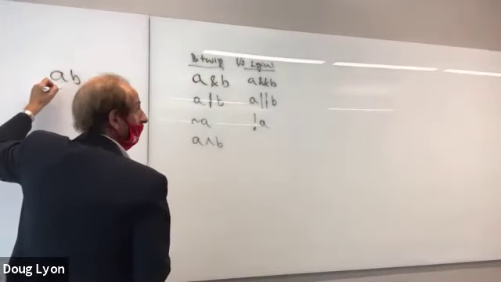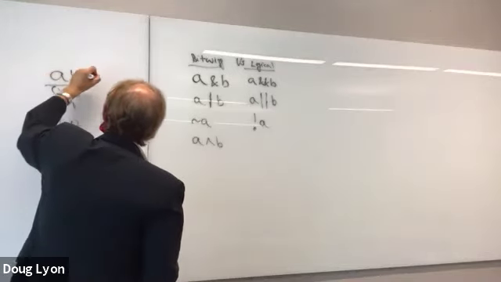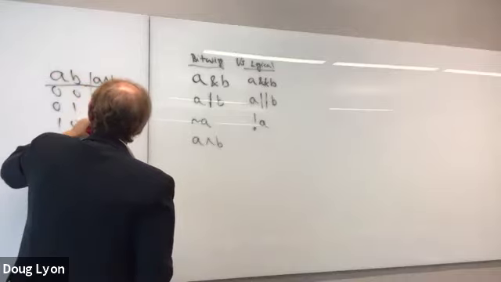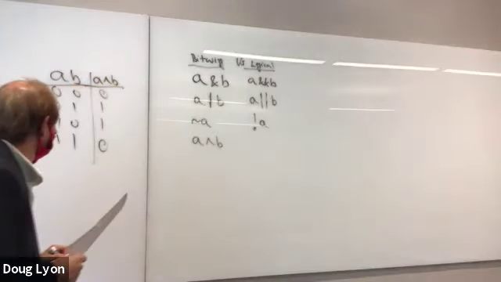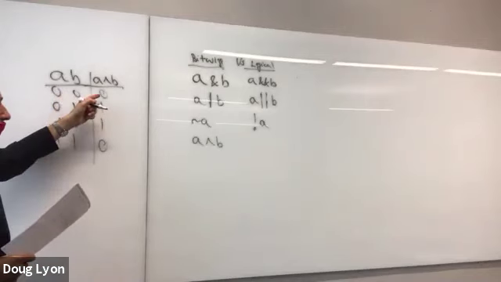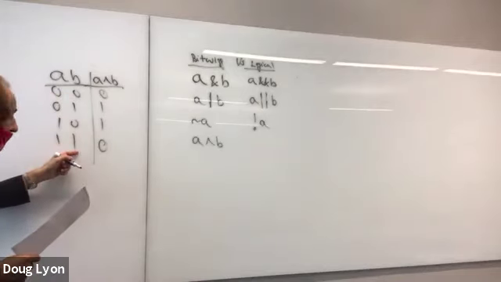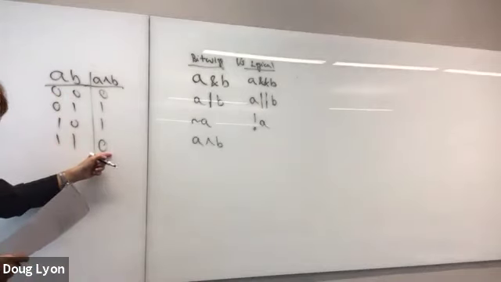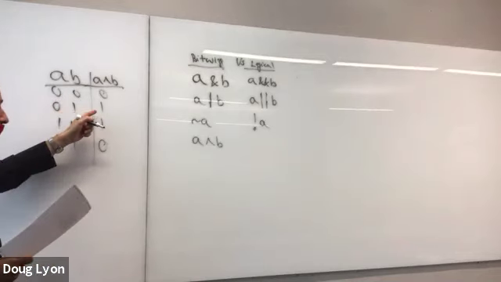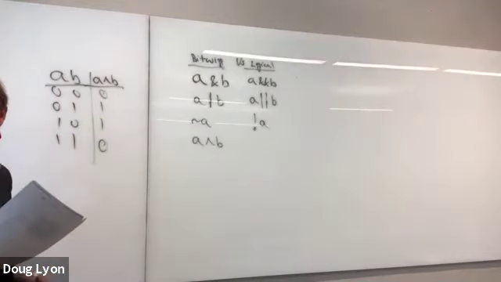A is 0011, B is 0101, and A exclusive OR B is 0110. If A equals B, the output is 0. If A and B are both 1, A equals B, output is 0. If A is not equal to B, the output is 1. So this is the equivalent of A not equal to B.